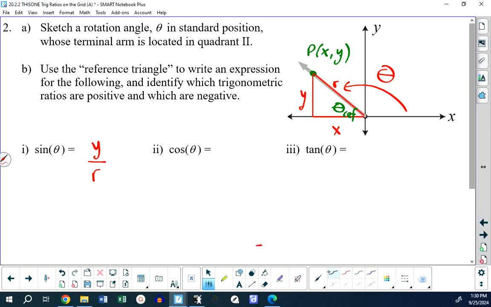Sine of theta is y over r. Again, y has replaced opposite, and r has replaced hypotenuse. Cosine, looking at the reference triangle, is x over r. Tangent is opposite over adjacent, which is y over x. They're the same things that we put for the first part of this warm-up.